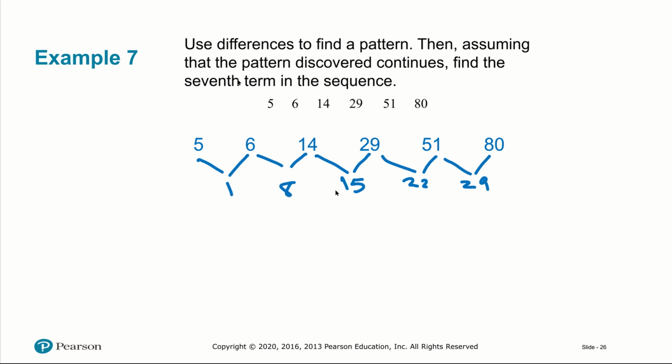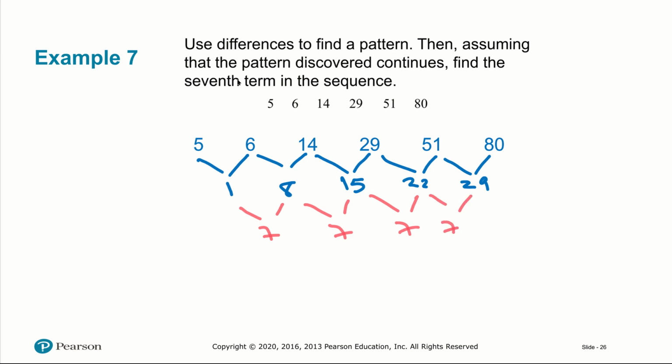Think about it. Subtract any two consecutive numbers, right? And you get the same thing. In fact, the difference between these two is 7. Difference between these two is 7. So we see this, that the sequence of differences is arithmetic.